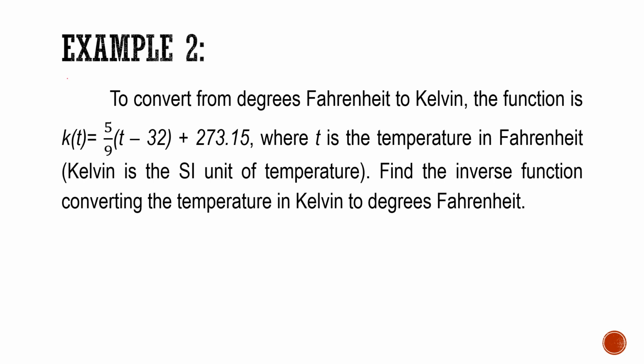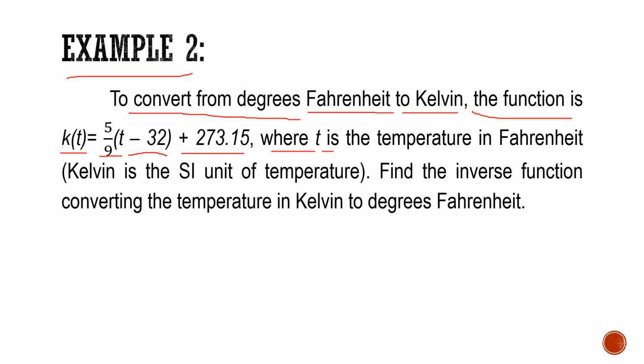So for example number 2, to convert from degrees Fahrenheit to Kelvin, the function is K of T equal to 5 over 9 multiplied by T minus 32, plus 273.15, where T is the temperature in Fahrenheit.